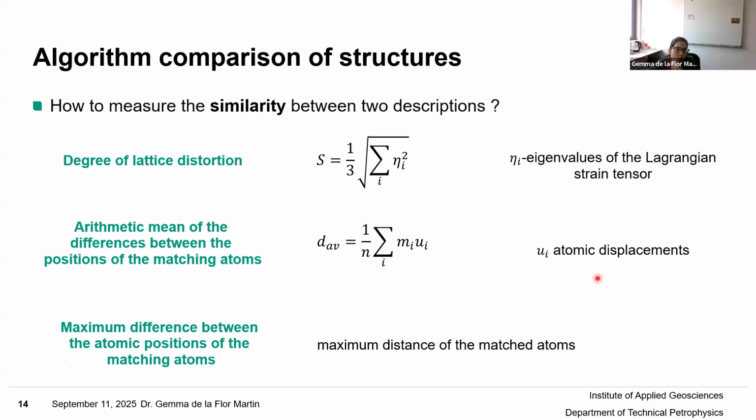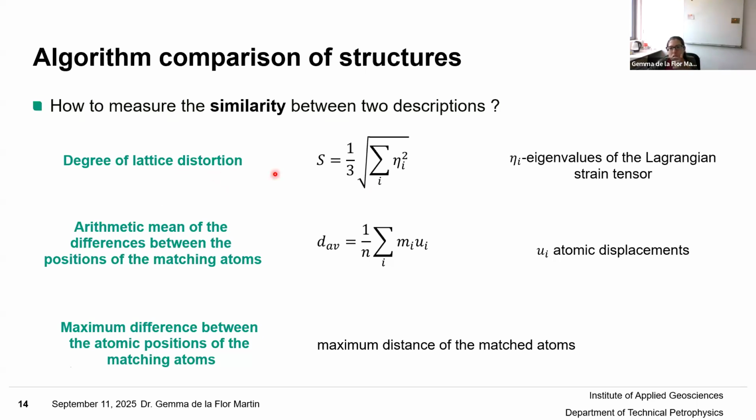So the program COMPSTRU evaluates the similarity between the structures by calculating different measures. The similarity between the lattice parameters of the structures is measured by the degree of lattice distortion.